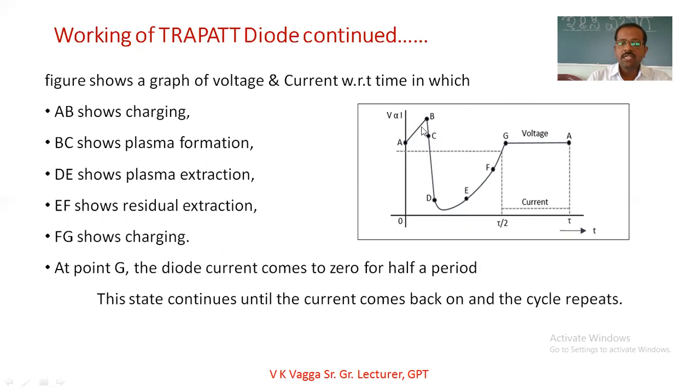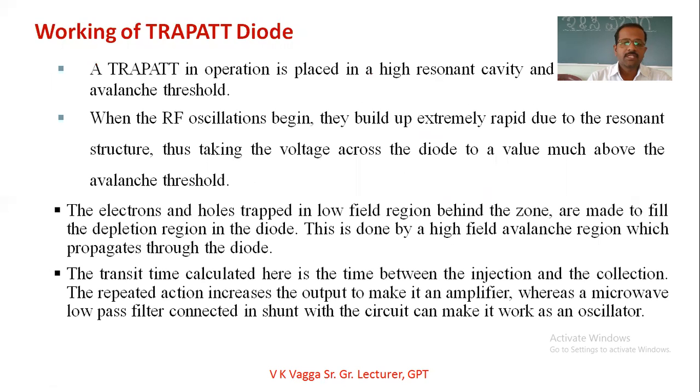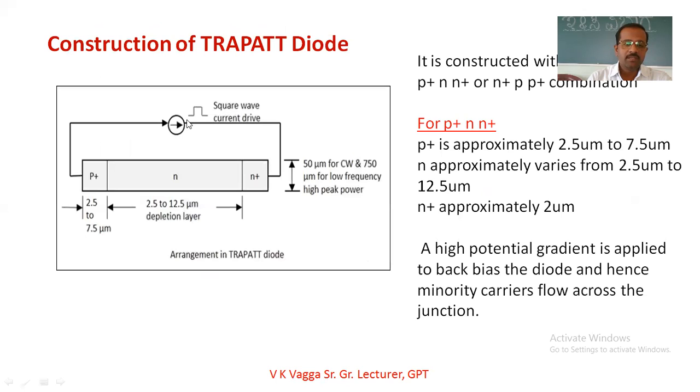Initially the voltage is assumed to be sufficient. One side acts as one end, the other acts as the other end, and the depletion layer acts as the dielectric, so it acts as a capacitor.